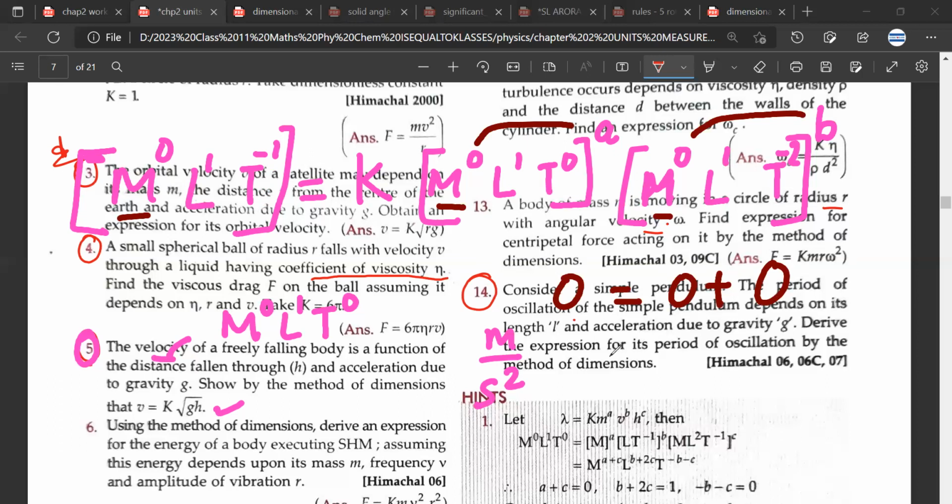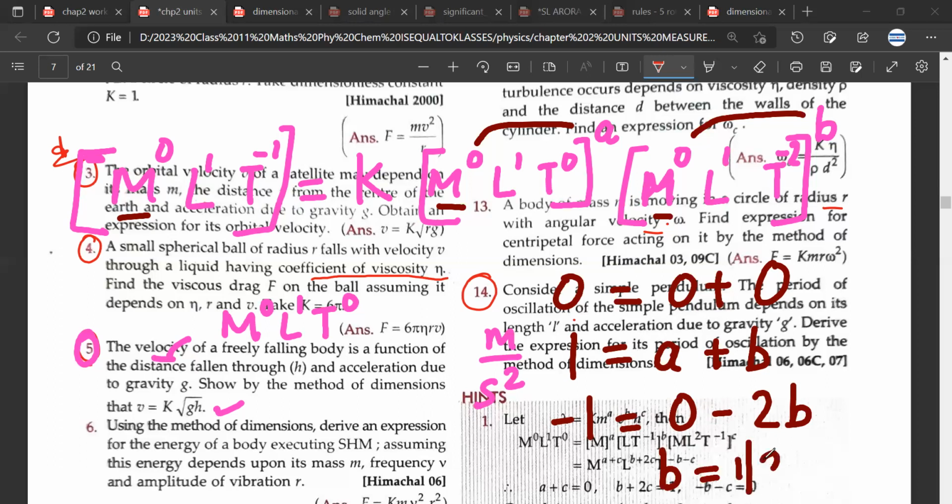So length equation would be 1 is equal to a plus b, and the time equation would be minus 1 is equal to 0 minus 2b. So from the third equation, what I get is that my b is half. And from the second equation, I get that my a is also half.